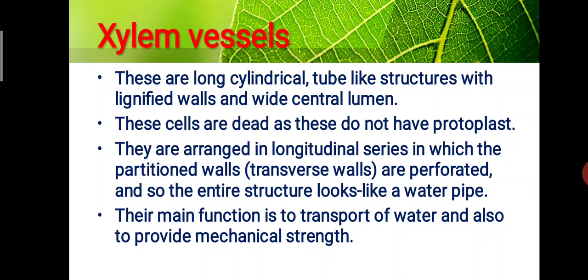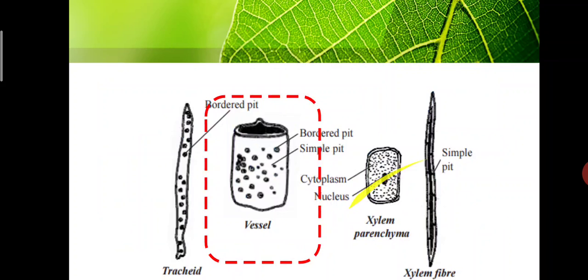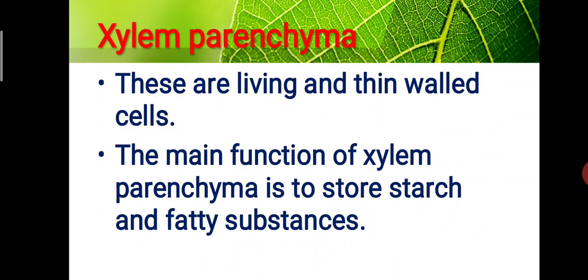They are arranged in a longitudinal series, which means a lengthwise series, in which the partition walls are perforated. Perforated means they have pores, and the entire structure looks like a water pipe. Their main function is to transport water and also to provide mechanical support. So you can see here, a wide lumen is present. They are also tube-like in nature.